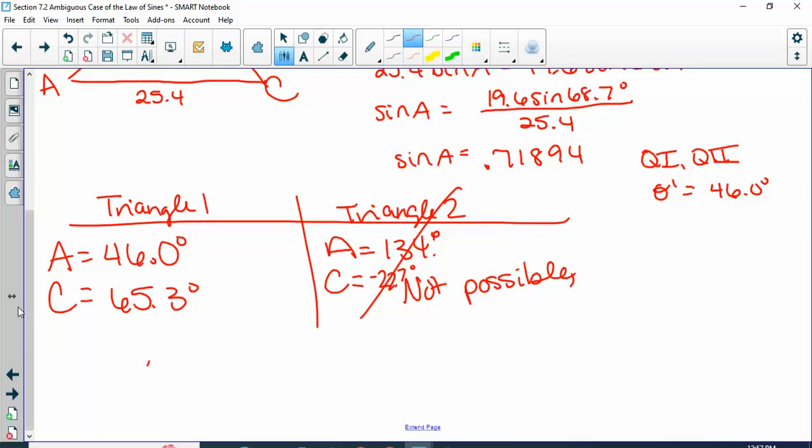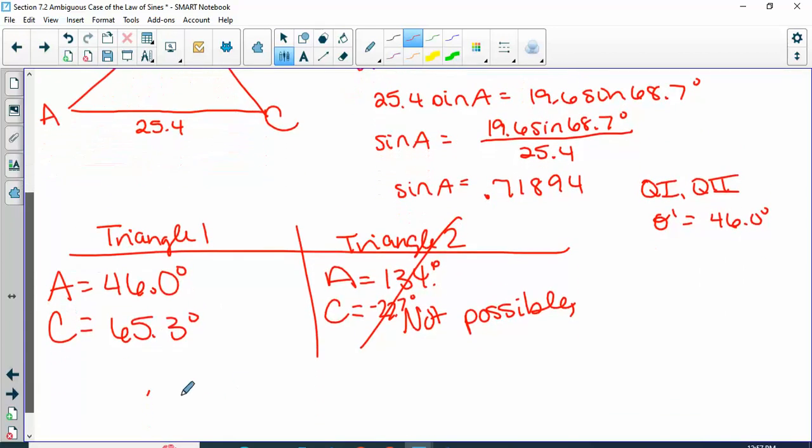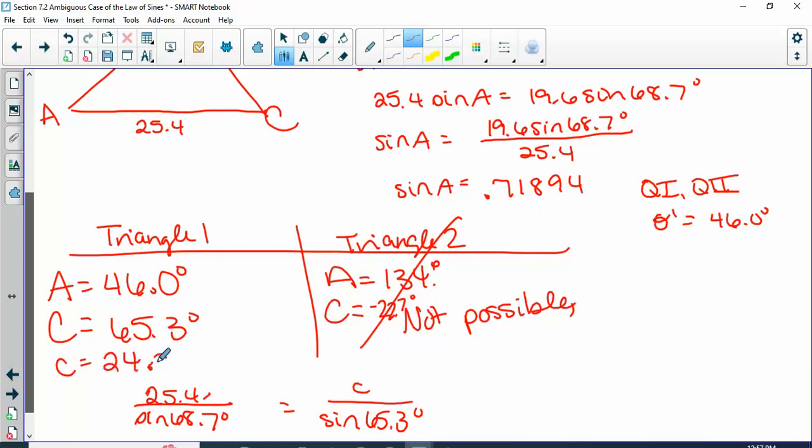So we could say side B divided by the sine of angle B equals side C over the sine of angle C. I get 24.8 inches.